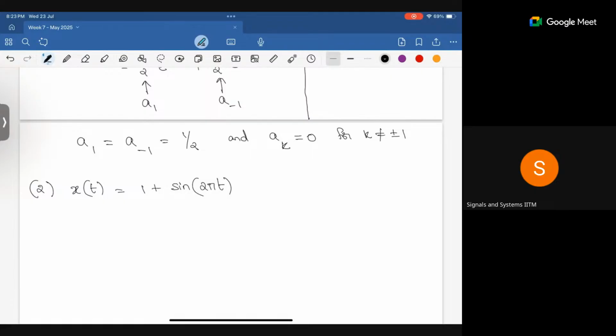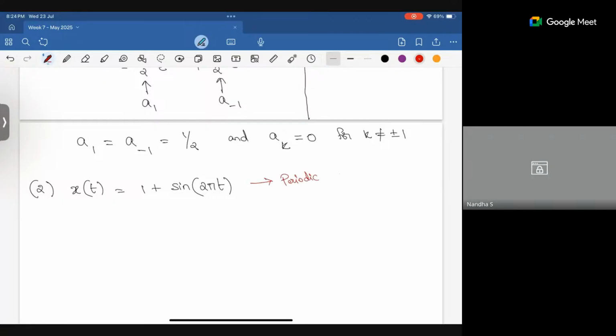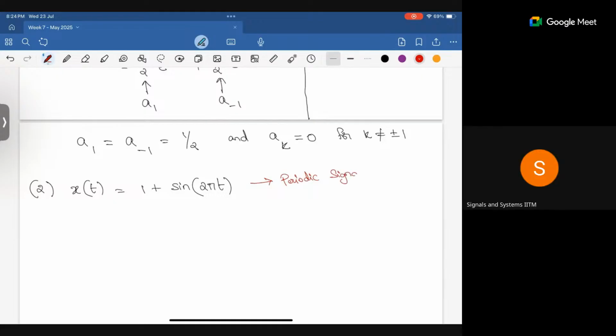So 1 plus sine 2 pi t is also a periodic signal, correct? And the period will be 2 pi.